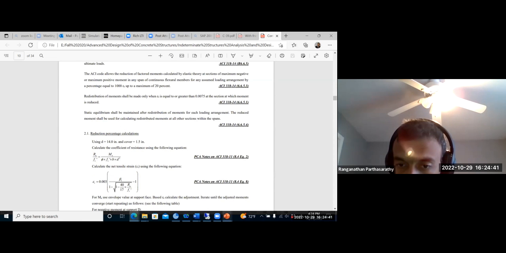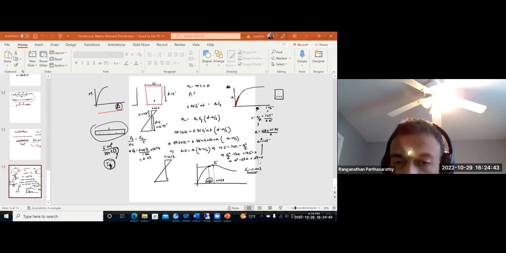Doing that, we solved for a, and then we could get epsilon t is 0.03.